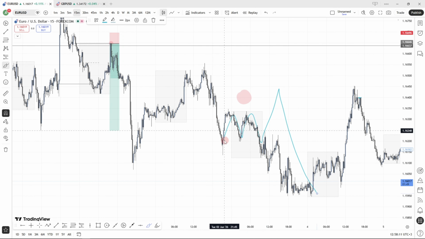What does that tell you? It tells you that above this level there is a point of interest, a higher time frame key level that is still fresh. So what the market has done, it has created an inefficiency in the market. We do have a concept of efficiency and inefficiency. Efficiency is a market structure whereby any order block, any key level that has been formed is mitigated before price heads in the direction that it's heading.